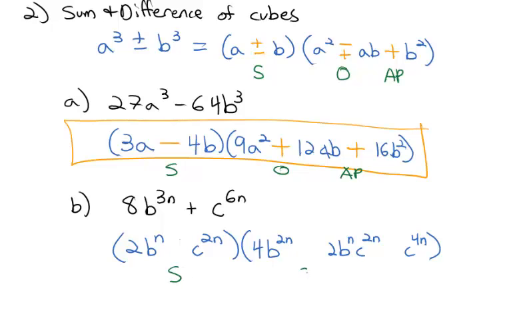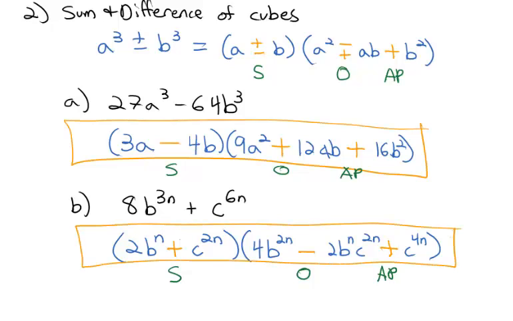And then again, we think SOAP to help us with the signs. Same sign as the problem would be a plus, opposite sign minus, and then always plus for the last sign. We have now factored this difference of cubes. Sorry, sum of cubes.